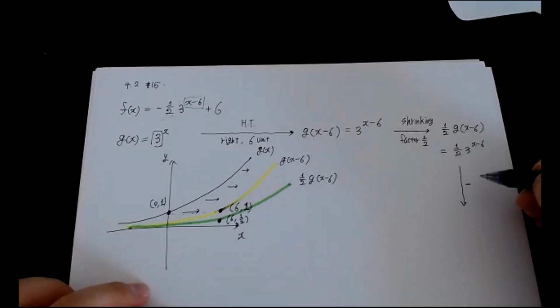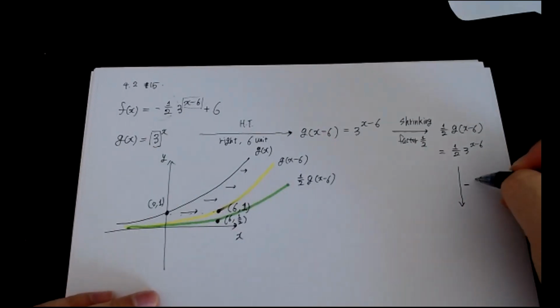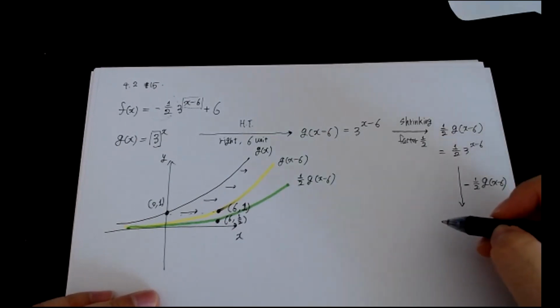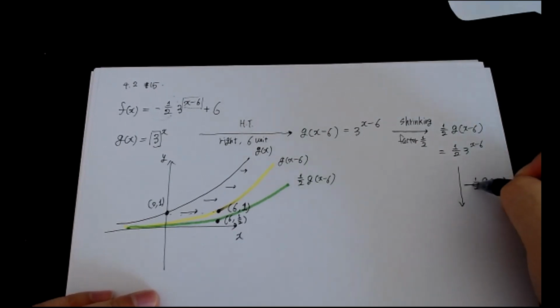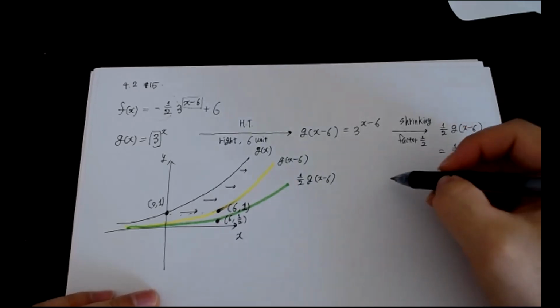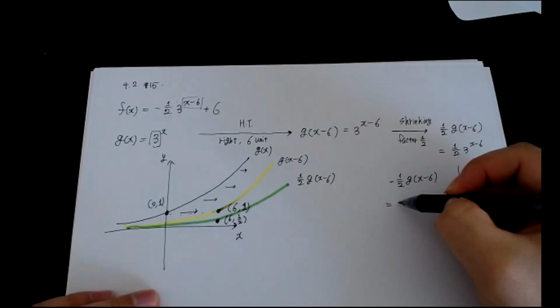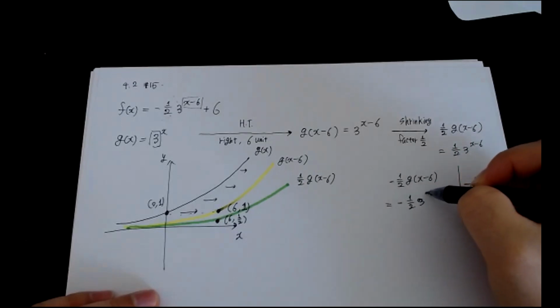Multiplying the function by a negative sign, that's the reflection about the x-axis. So it's going to be negative 1/2 g of x minus 6, which is negative 1/2 times 3 to the x minus 6 power.